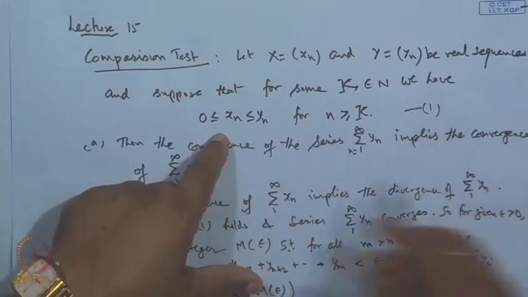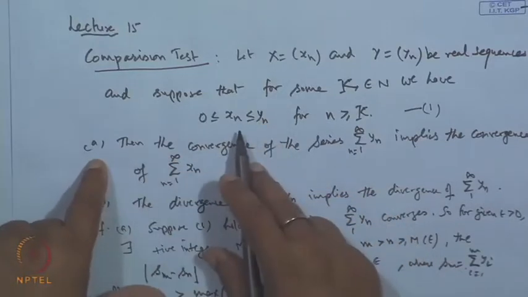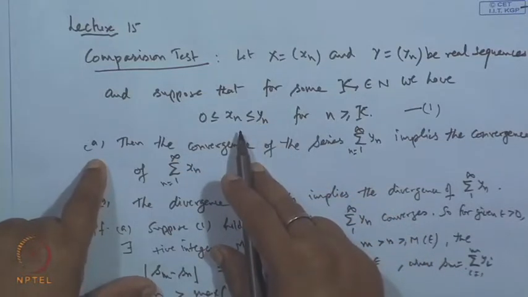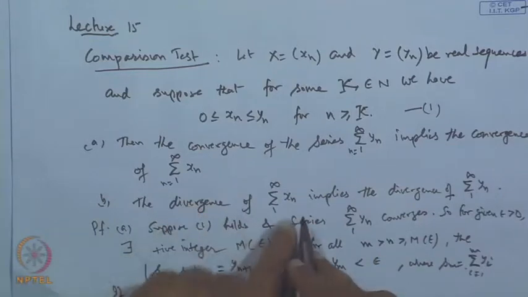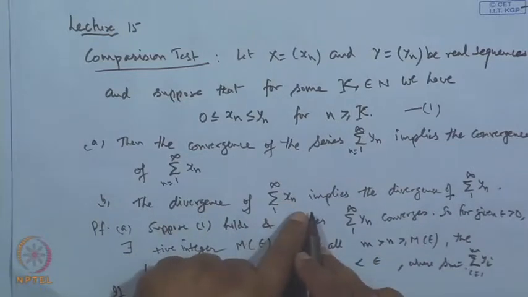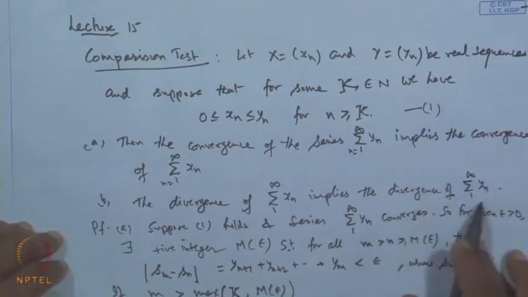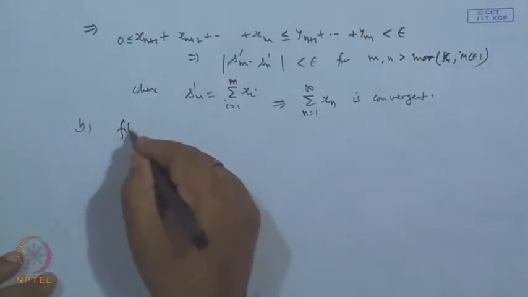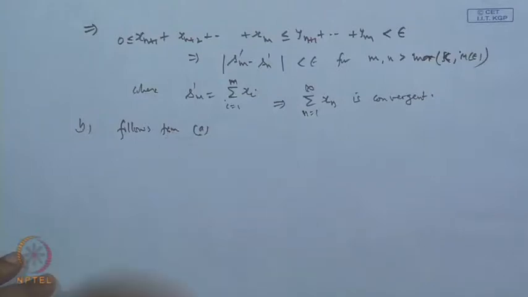So, it means if the series sigma y_n is convergent, then according to part A, sigma x_n must be convergent, but it contradicts the given result, because the given is that sigma x_n is divergent. Therefore, the contradiction is because of our assumption that this series converges. So, that is wrong. So, B follows from A immediately, okay. Nothing to prove here.